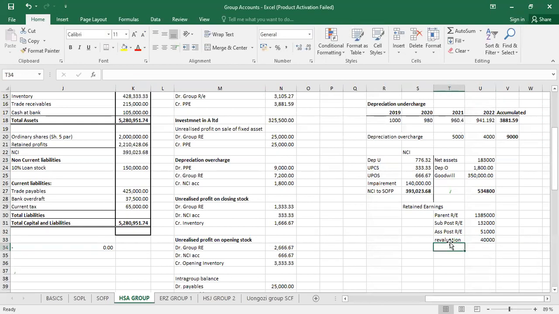Then the revaluation in the associate equal, it was revalued to 25,000, then we multiply by 0.3. Then what else are you forgetting on this side? I'll do a border, Alt HBL for a left border.